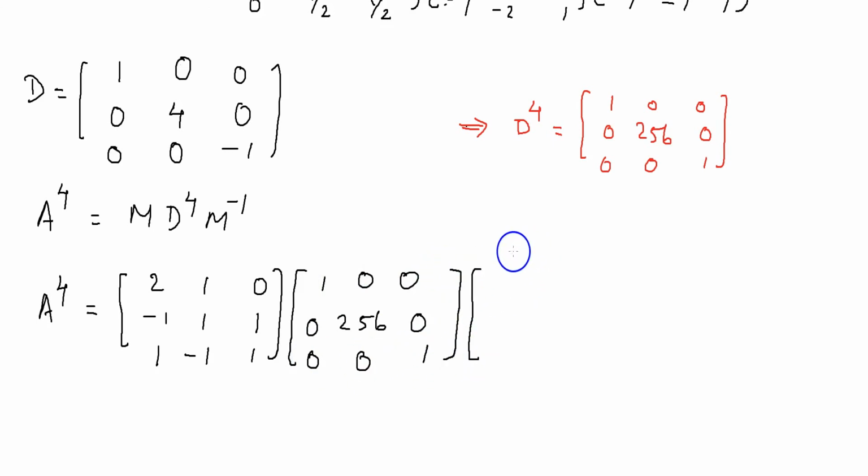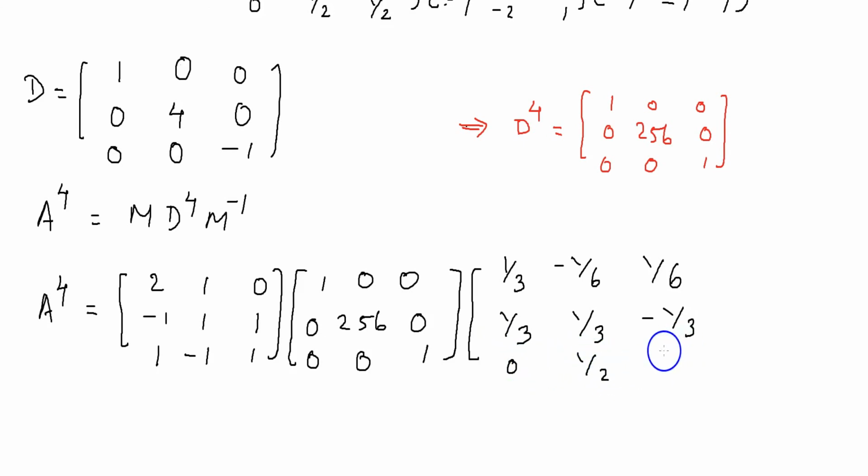Inverse of modal matrix is 1 by 3, minus 1 by 6, 1 by 6, 1 by 3, 1 by 3, minus 1 by 3, 0, 1 by 2, 1 by 2.